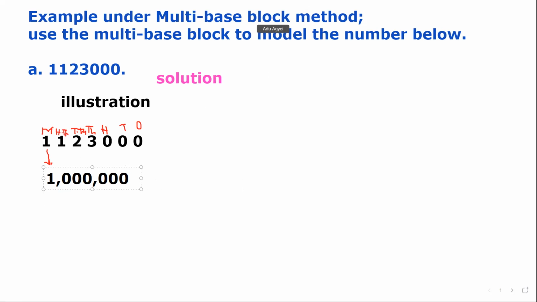Then the next one, the real value will be 100,000, for 1 times 100,000 gives you 100,000.